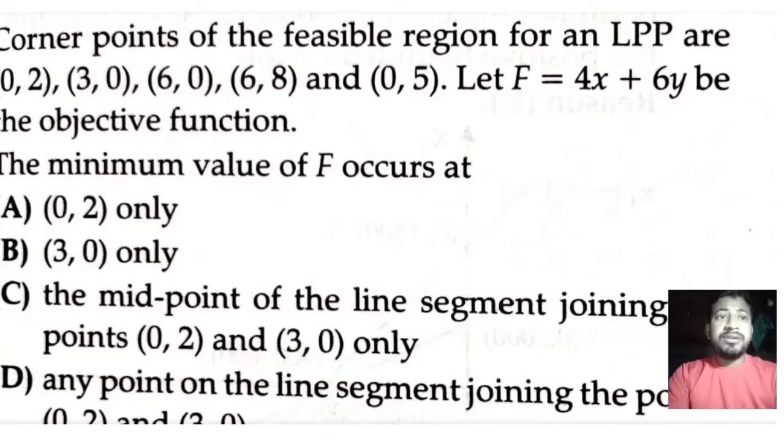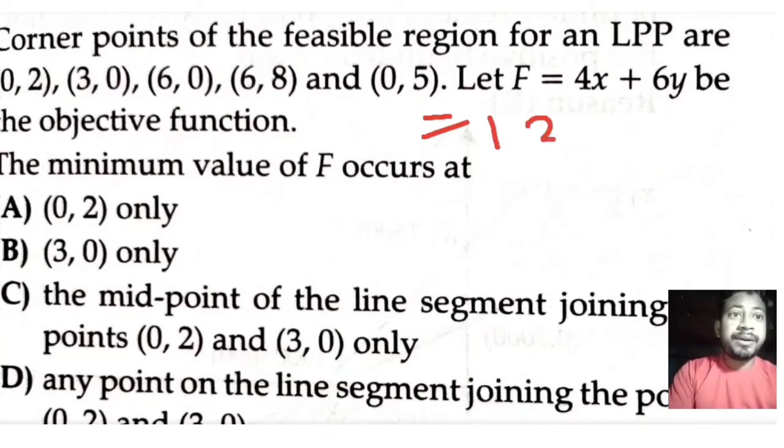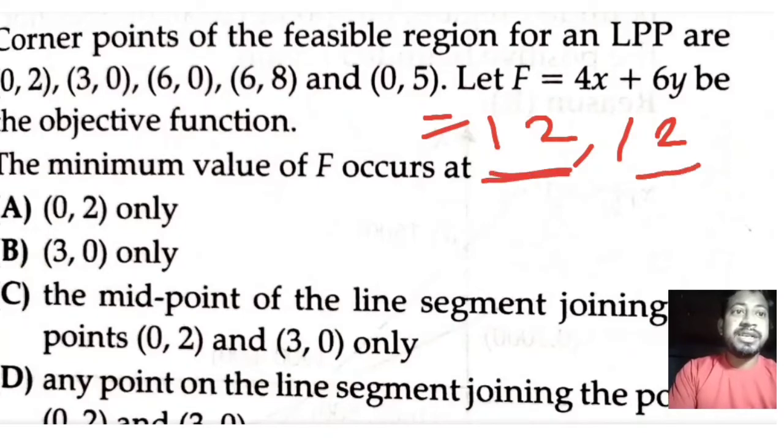For (0, 2) it will be 12. For (3, 0) it is also 12. For (6, 0) it is 24. For (6, 8) it's the maximum. For (0, 5) it is 30. So the minimum value is at (0, 2) and (3, 0).